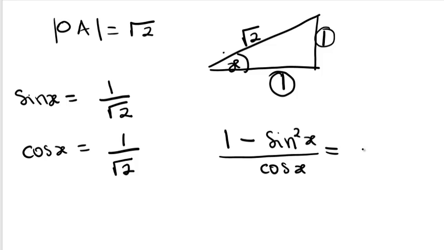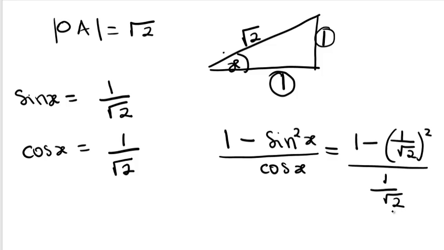So we are going to have 1 minus sine x, which was 1 over root 2. What we are having here, the sine squared x, means that we are going to square the sine x. So we are going to have our 1 over root 2 all squared over our cos x, which is 1 over root 2. So we want to simplify this.